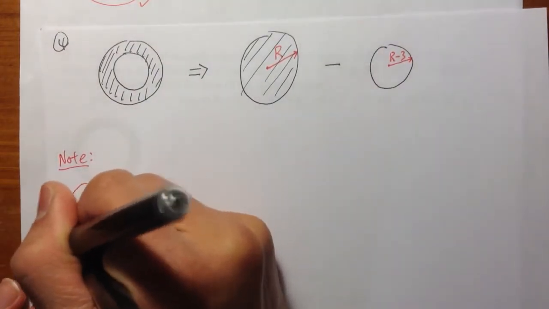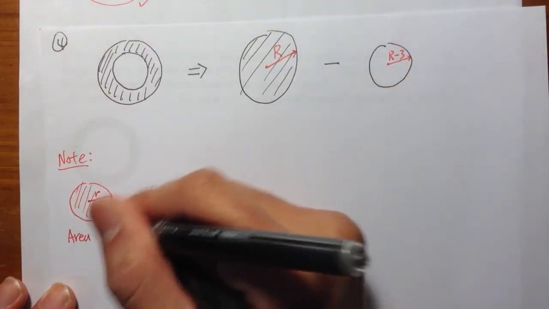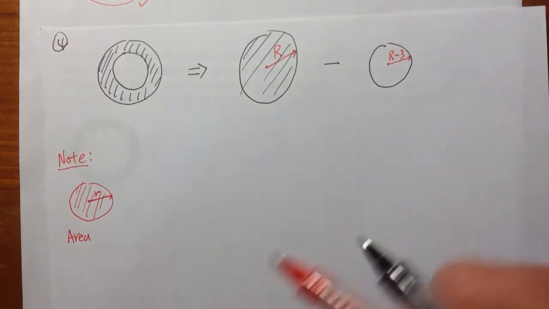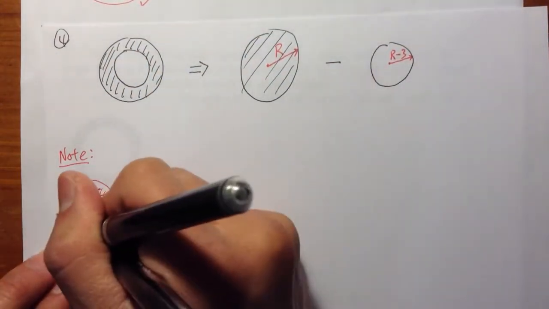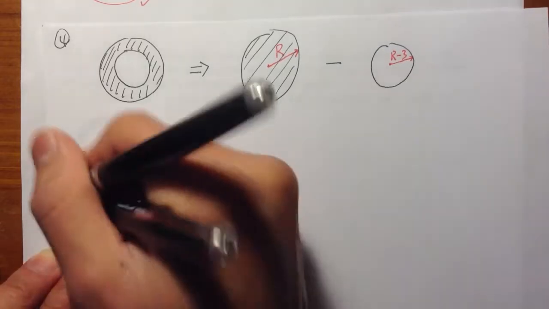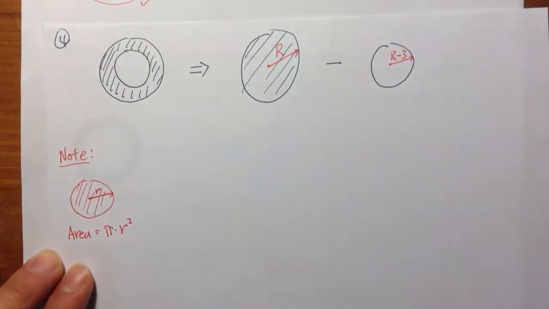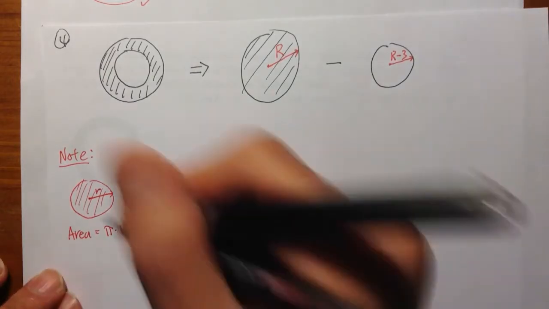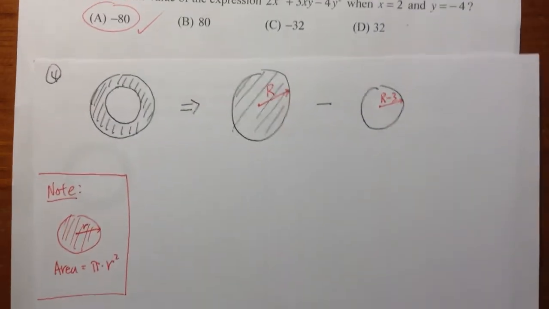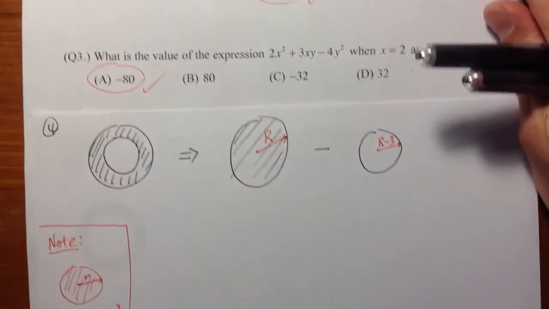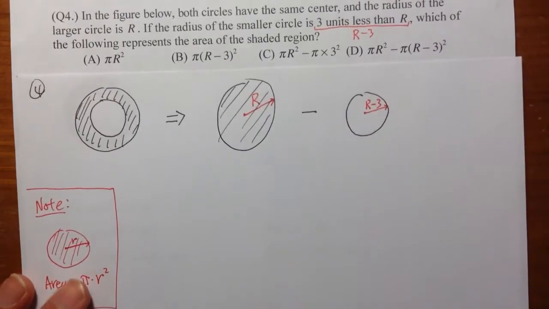The area of the circle, and area means the amount of space that's inside of the circle, the formula for the area is pi times r to the second power. So we are going to apply this formula right here.